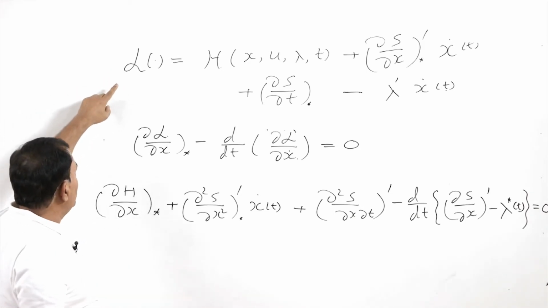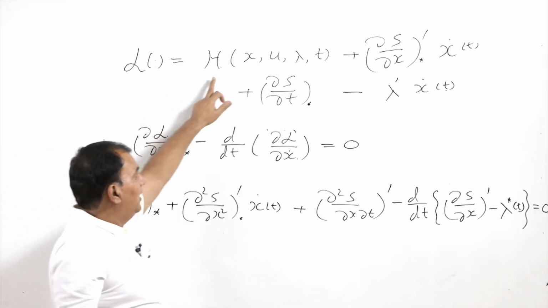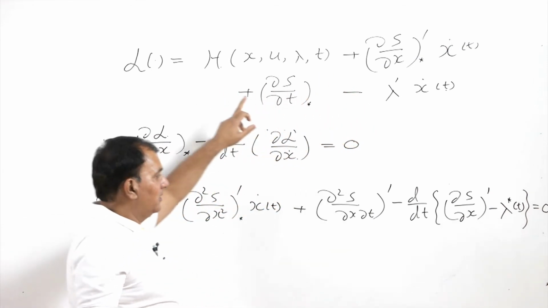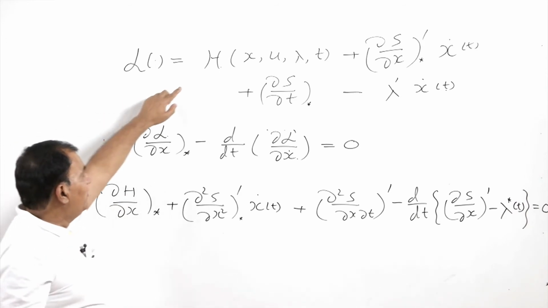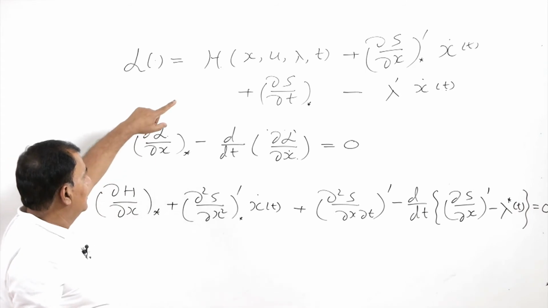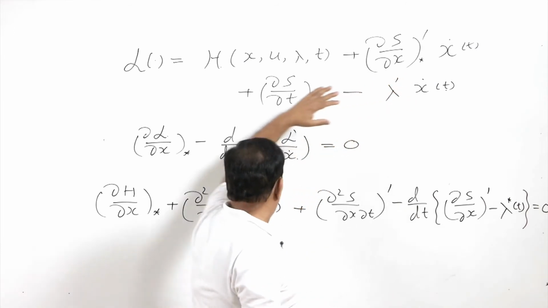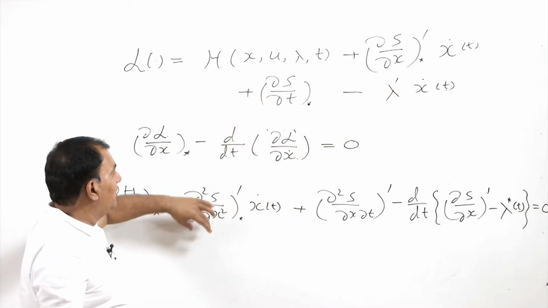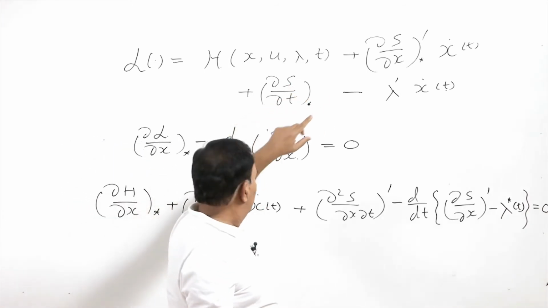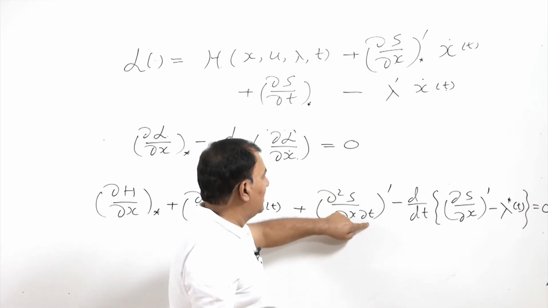See what we are doing, we are taking del L by del x. So, with respect to x I have to differentiate all these terms. H is a function of x, so directly we have del H by del x. Del s by del x is also a function of x. So, this is del 2 s by del x square x dot of t, and x dot, so del 2 s by del x del t.